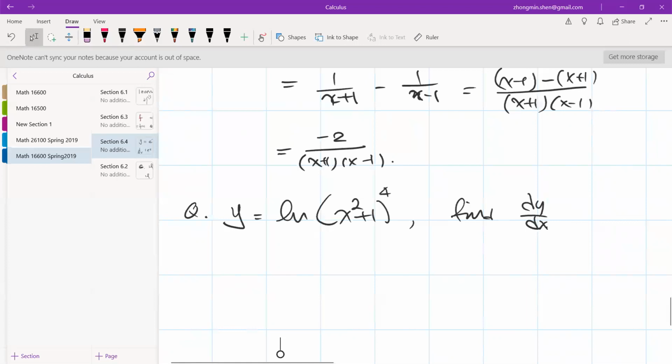Right. Okay, so x squared plus 1 to the fourth power. You don't need to multiply this out. And this is the whole part, right?